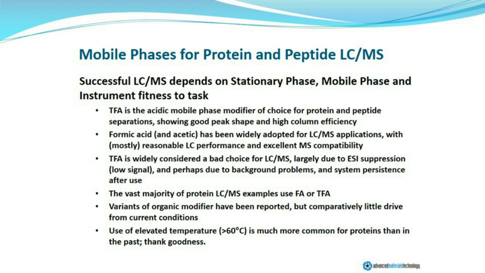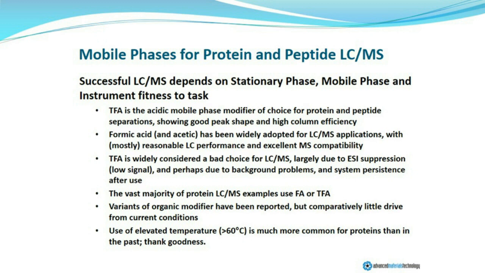Two acids, each has thus a compromise in terms of what our ultimate requirements are for an HPLC method. So between formic acid and trifluoroacetic acid, I think that we cover probably 95% of all current applications.